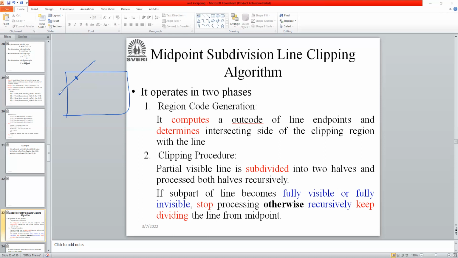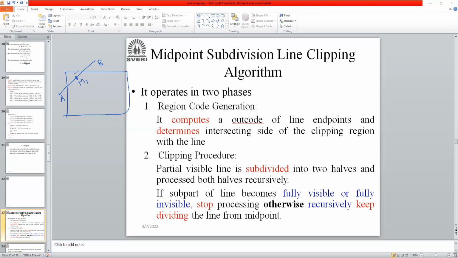Now suppose the line is A, B. Then I will check whether M1 is inside or outside. As M1 is inside, that means AM1 and BM1.